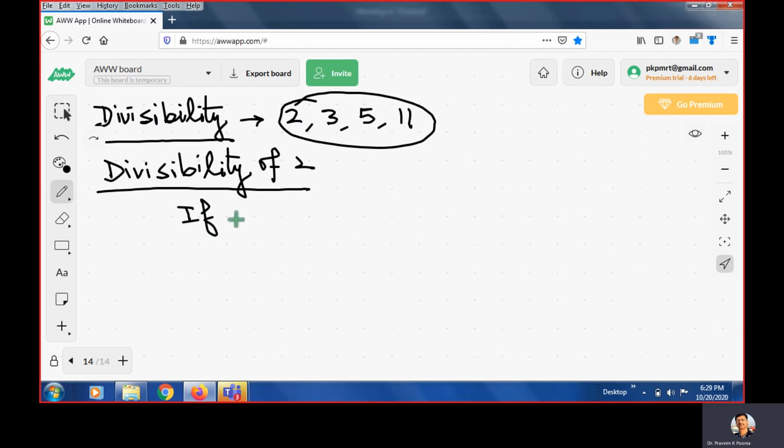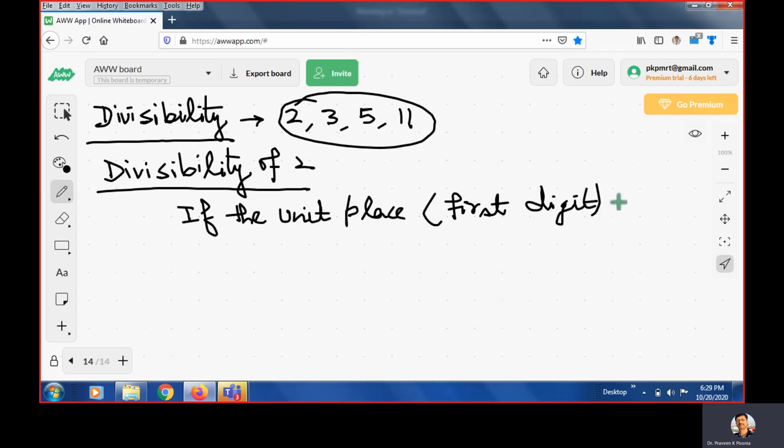Divisibility of 2. So if any number, if the unit place, means first digit, is 0, 2, 4, 6 and 8.